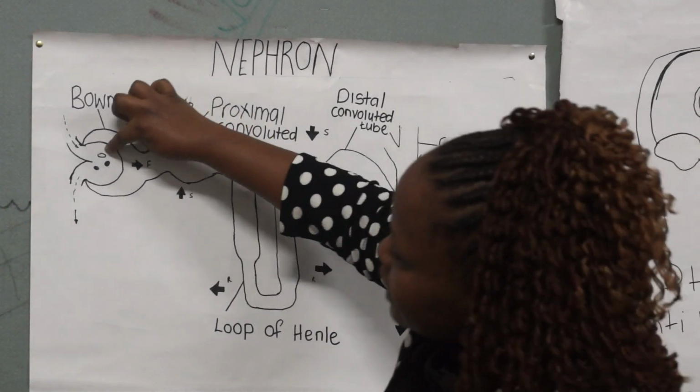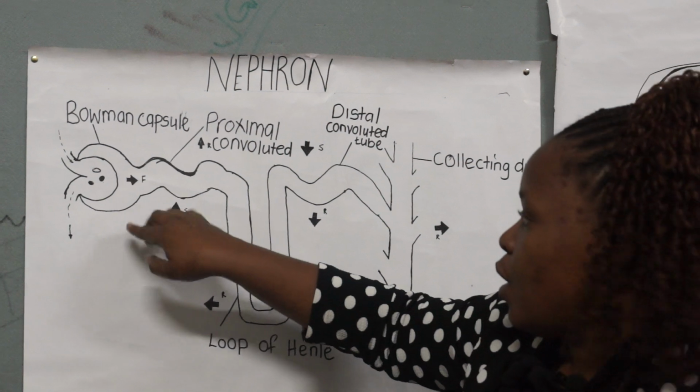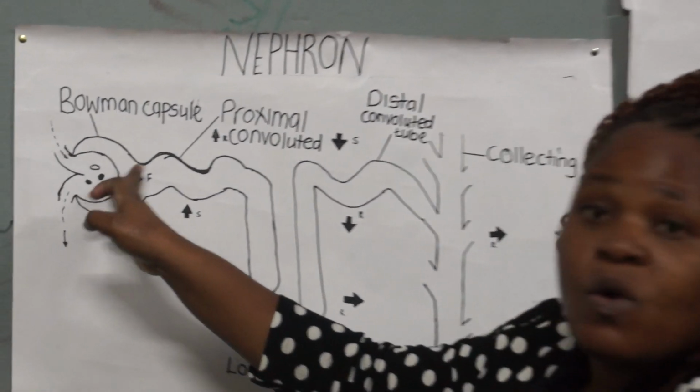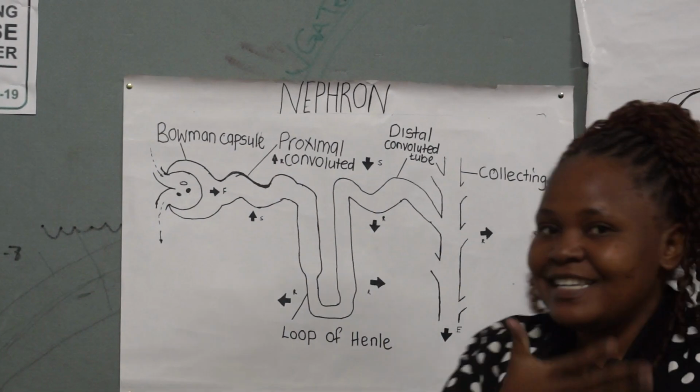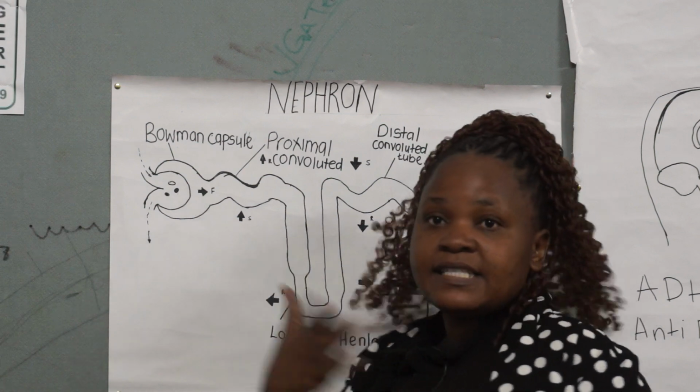Since this part is partially permeable or selective, only small substances are going to pass through. And undoubtedly, you will agree with me that water is an exceptional case.